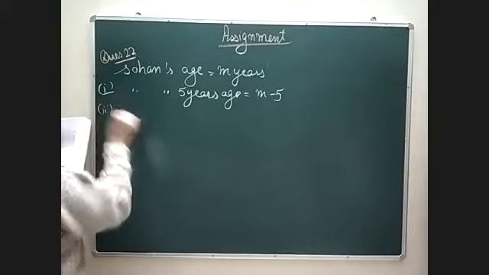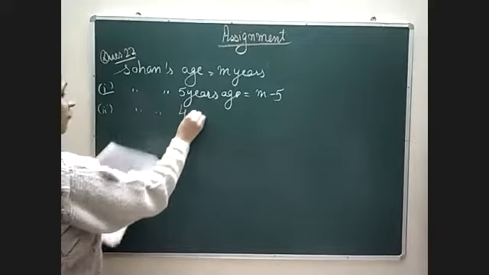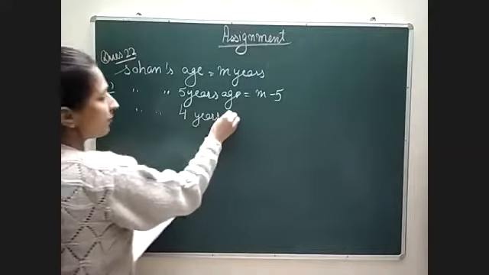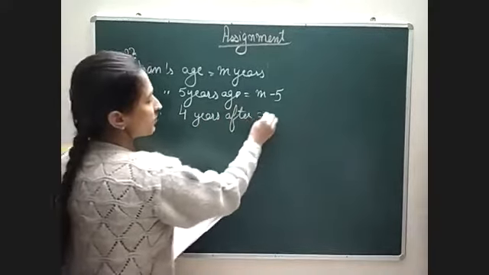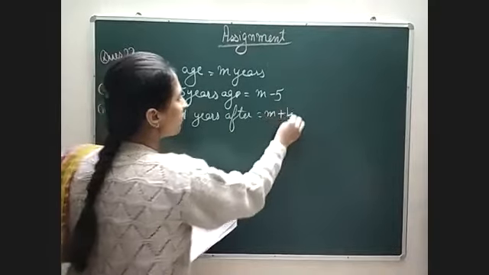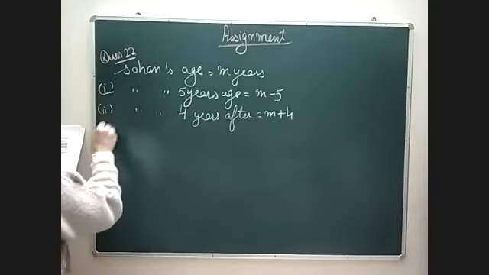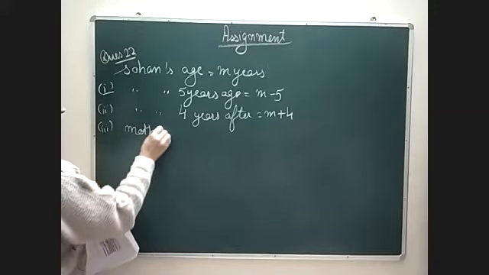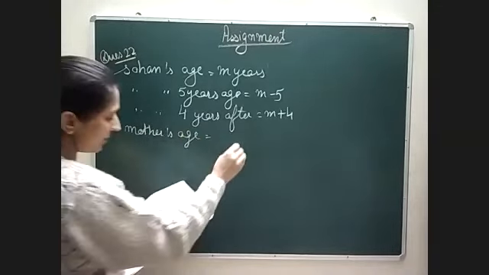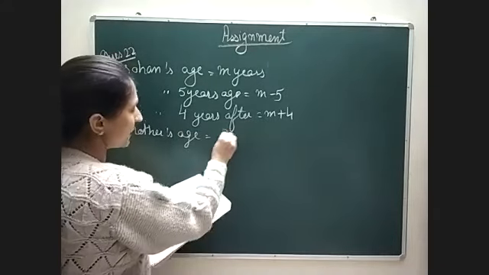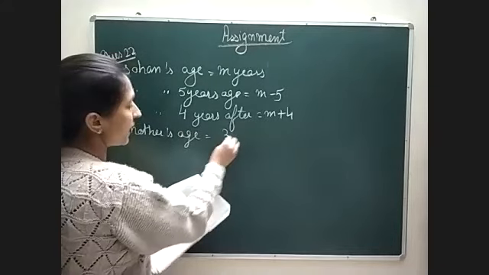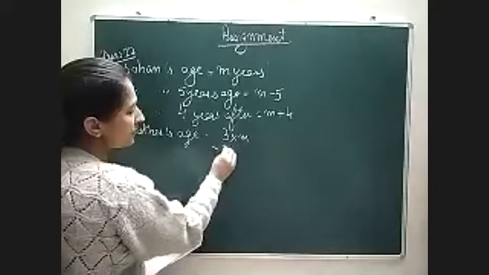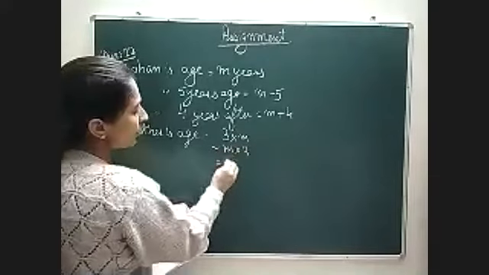Second part is Sohan's age 4 years after, that means it will be m plus 4. Part third, mother's age. You are given it is 3 times his age. 3 times m, or you can write m into 3, or you can write 3m.